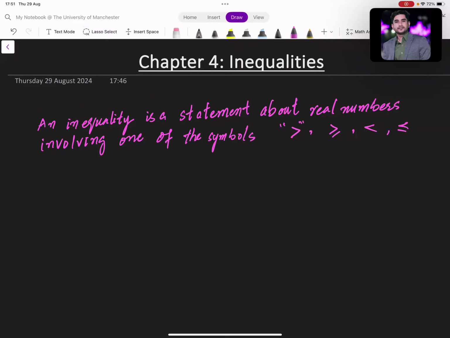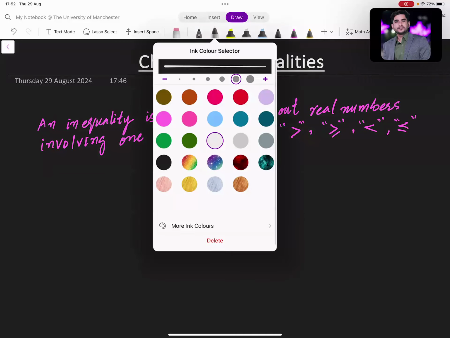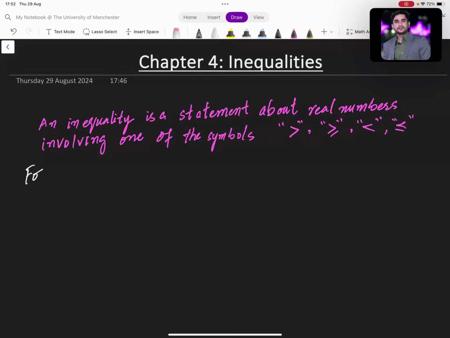For example, we can have x is greater than 2, or x square minus 4, y is less than or equal to 2x plus 2. So these types of statements involve inequalities.